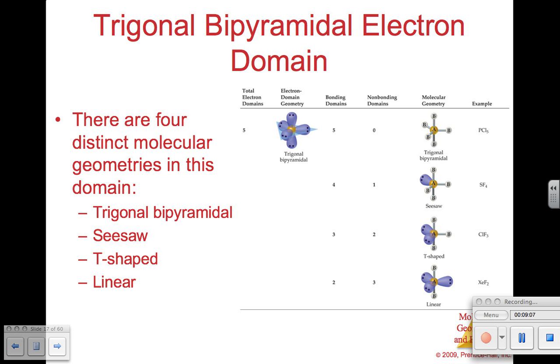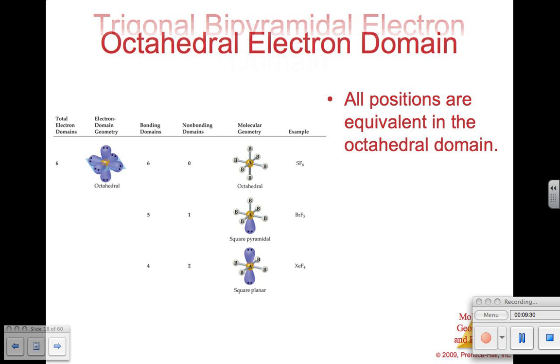But the first lone pair is going to come off of the central atom on the equatorial plane, and that shape is going to be seesaw. Then if you go to 2 non-bonding domains, it's going to be T-shaped, and then with 3, notice how all those non-bonding pairs are on the equatorial, so your last one is going to be a linear shape.